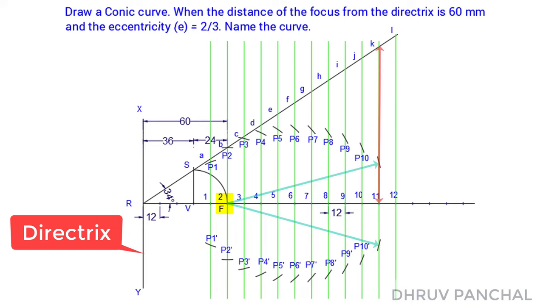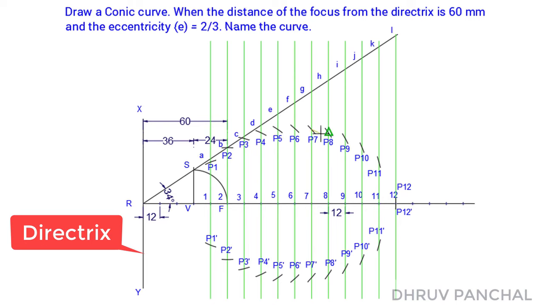Take distance K11 as a radius and point F as a center, draw two arcs on line K11 to get point P11 and P11 dash. Take distance L12 as a radius and point F as a center, draw two arcs on line L12 to get point P12 and P12 dash.